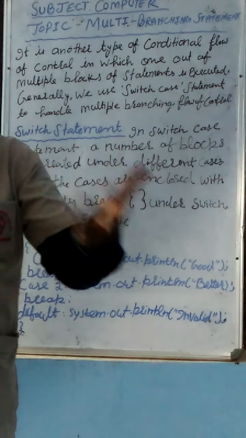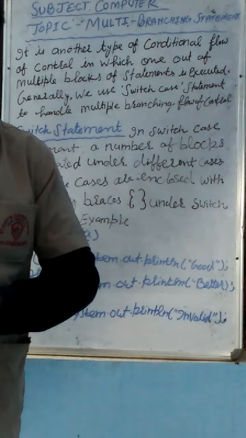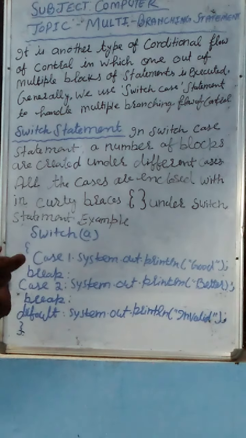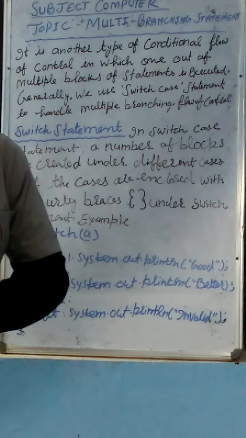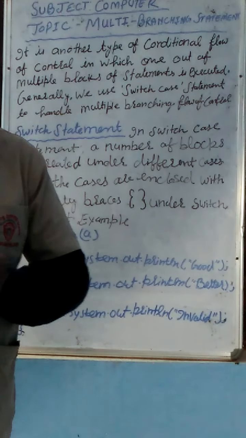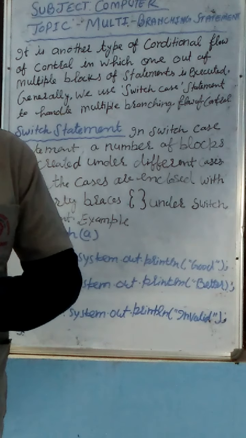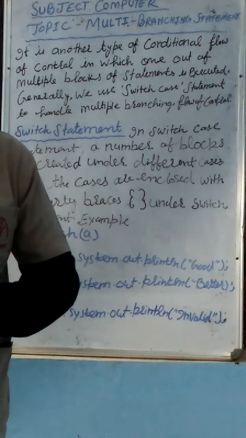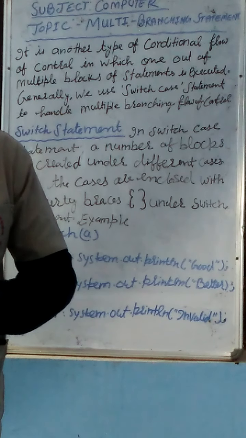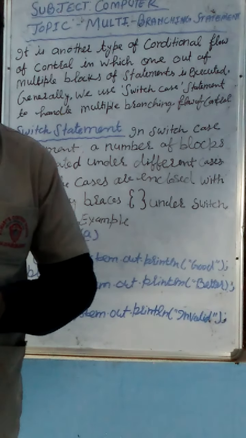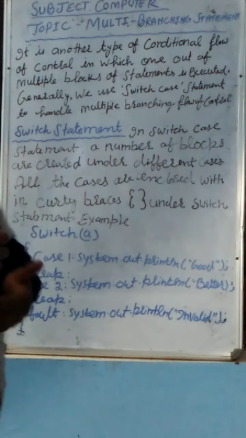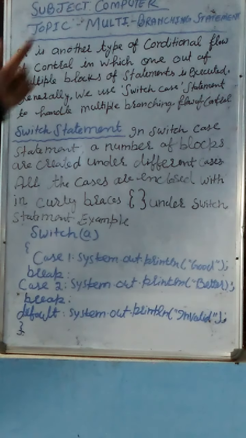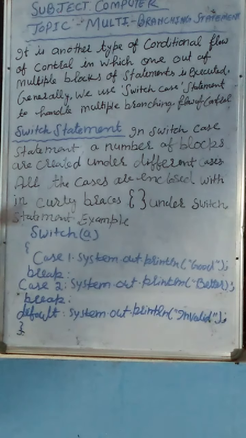What is the multiple branching statement? Multiple branching statement is another type of conditional flow of control which can control multiple conditions by using the switch statement. How can we control multiple branching programs?